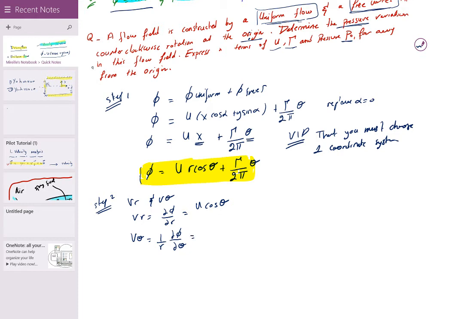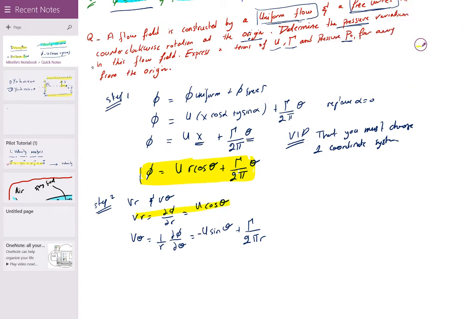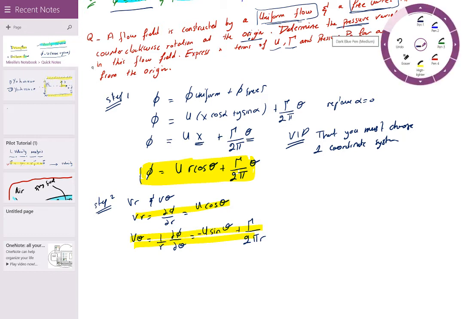If I differentiate, U, r will cancel by r, differentiating cosine theta gives minus sine theta, plus, differentiating the next one, circulation gamma over 2 pi r. Excellent. So now here I have my second milestone. If we do this too, we're 70% done with the problem.